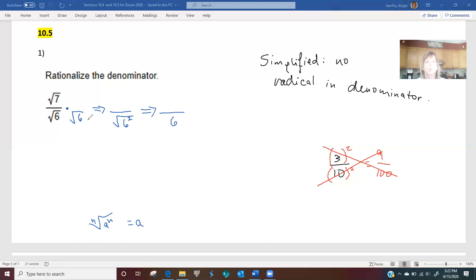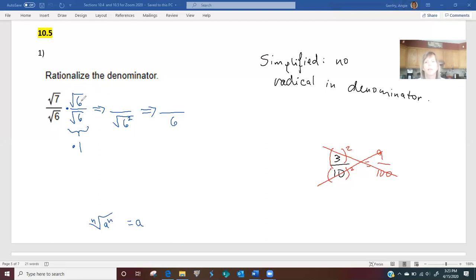The one thing you have to watch though, this is an expression. Whatever you do downstairs, you have to do upstairs. So you have to multiply this by square root of 6 as well, because then you're essentially just multiplying this term by 1, and that is completely legal. Square root of 6 over square root of 6 is a 1, right?